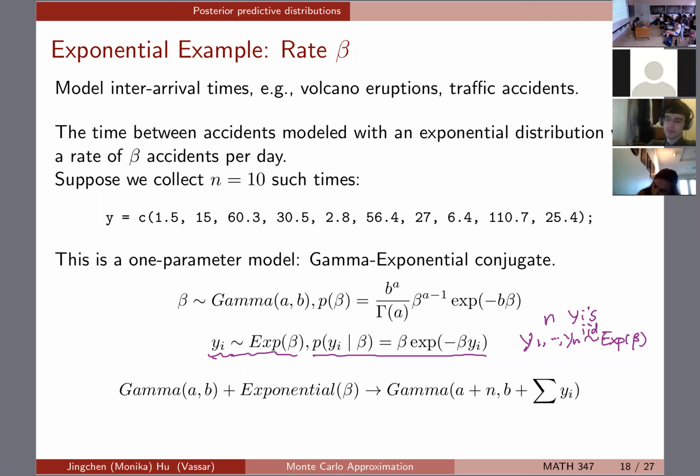If you've done it, I put up the answer on the slide. You can check if you get the new A and new B correct.